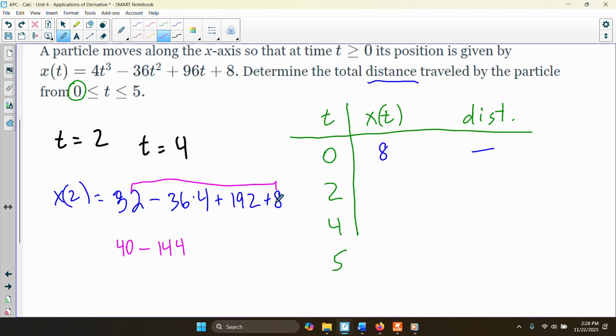And then plus 192. Doing all this arithmetic is not that difficult. So from here to here, this is negative 104 plus 192. The 100s cancel, so 92 minus 4 is 88. So this looks like 88.